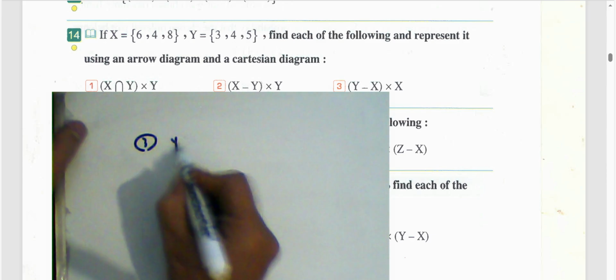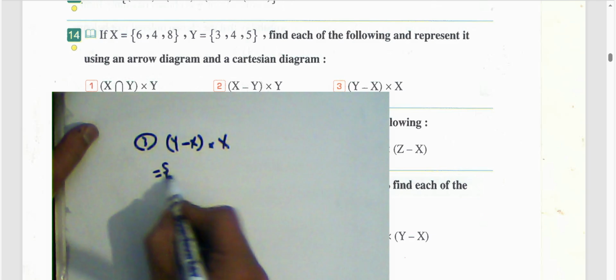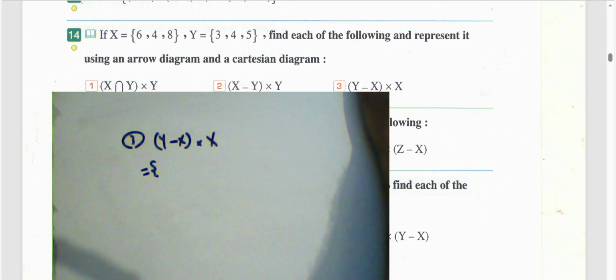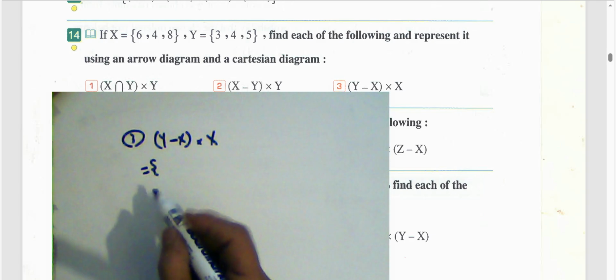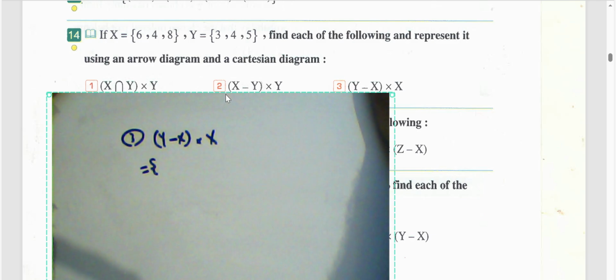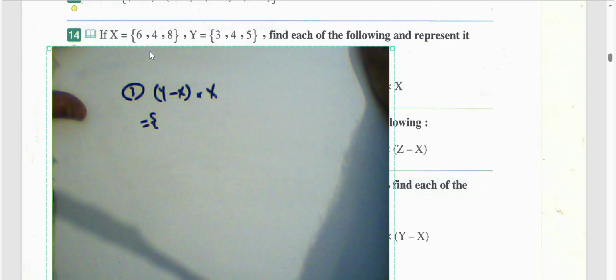Number 3, we have y difference x, Cartesian product by x. Y difference x, the element in y not found in x. We have 3, 5. 4 was found. The element in y and not found in x, we have 3 and 5. Can you see it? Look here. 3 and 5 not found in x.